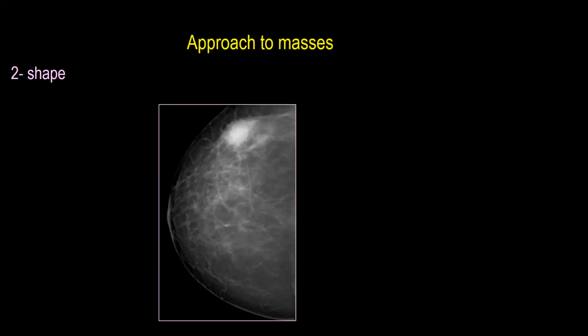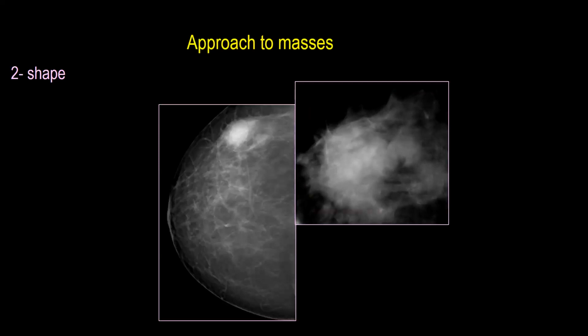It looks or seems to be oval, but spot compression magnification view is usually helpful. Look at it now. Yes, irregular. We mentioned before the benefit of the spot compression view.